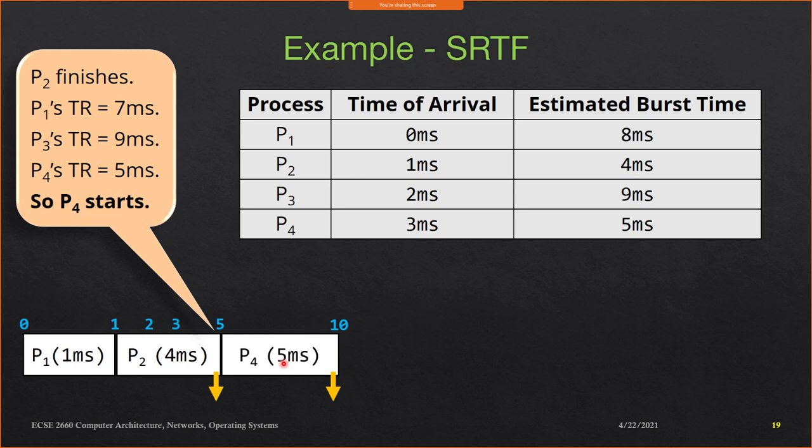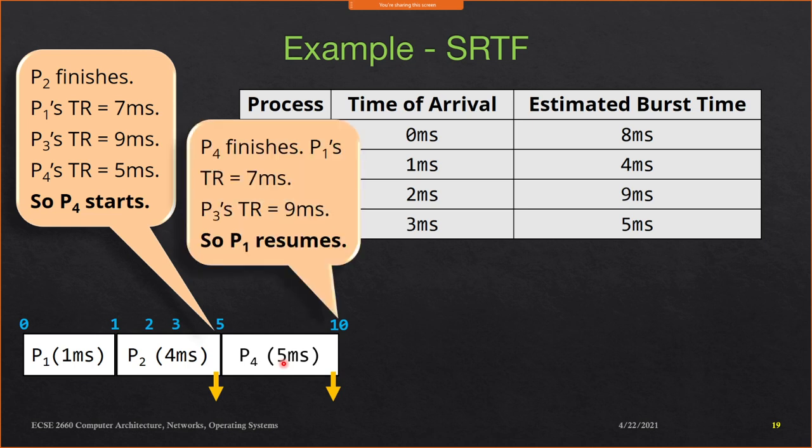So who gets to go next? Alright, P1 will go next because it has 7 milliseconds remaining. P3 has 9. So the shortest is P1. Then P1 resumes because it needs 7 milliseconds. With all 7 milliseconds, P1 will get to finish.